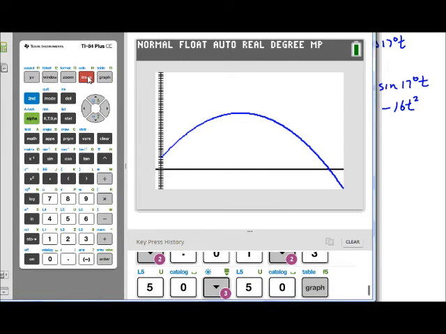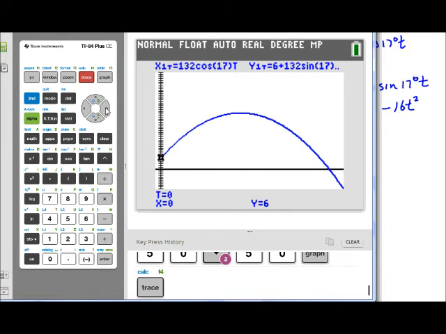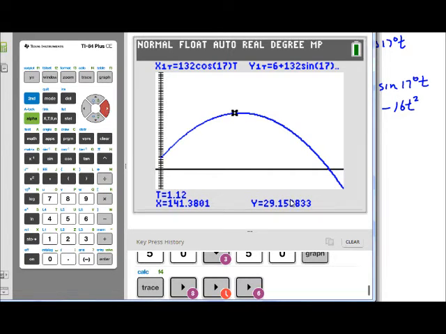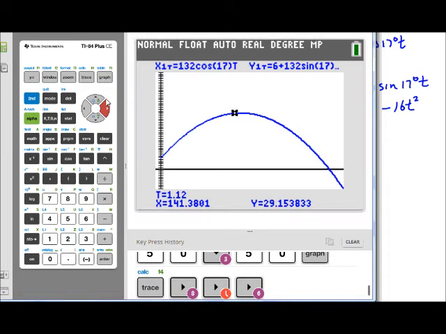And we'll go to trace, and we can go to the right. Now, you notice that we're advancing t by 0.01 at a time, which the con is it takes a long time to scroll to where we want to, but the pro is that we get a very exact resolution. And so what we're looking for is the maximum y value, or height.